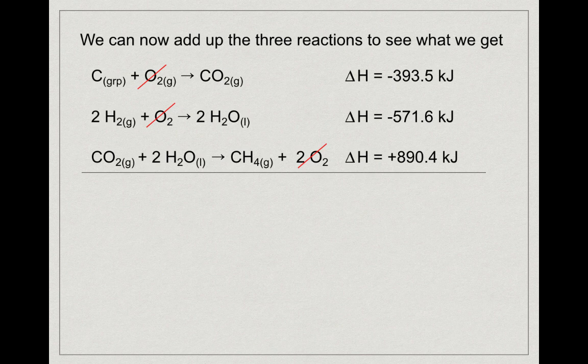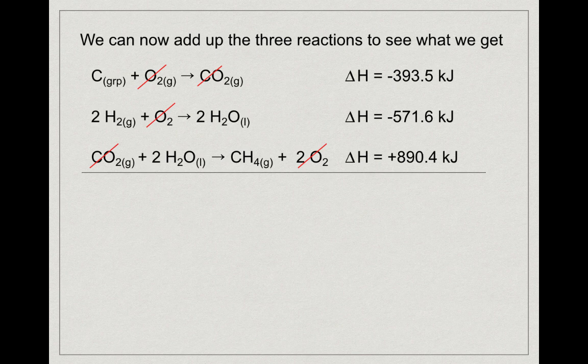I've also got CO2 in two of these reactions. I don't want CO2 at all, but I've got one CO2 in the product in the first reaction, and I've got CO2 as a reactant in that third reaction, and those are going to cancel out. I've also got water in two of these three reactions, and I don't have water in the overall reaction I'm trying to find.